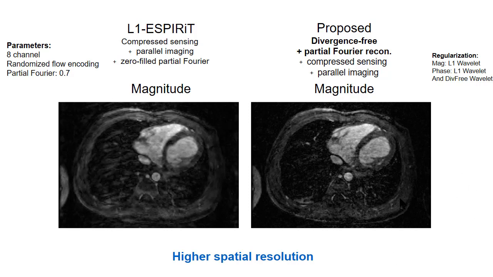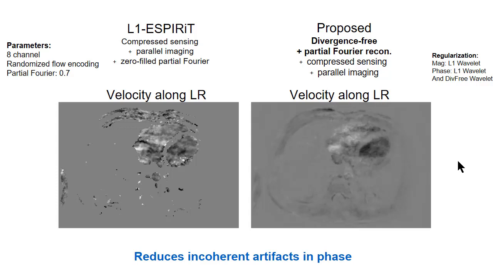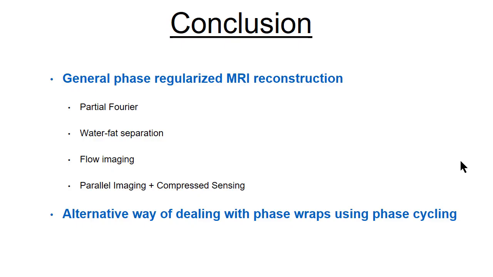And on the right, you can see our result, which shows great sharpening. Now, the phase images for the velocity, you can also see that our proposed method reduces a lot of the incoherent artifacts.